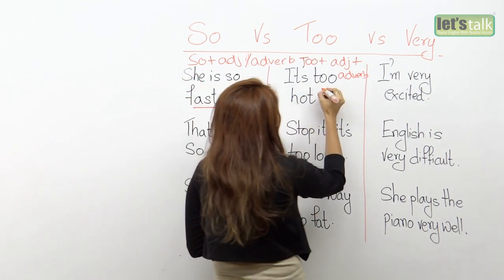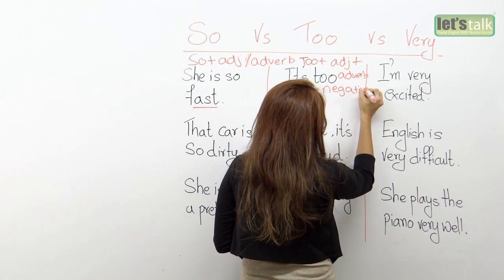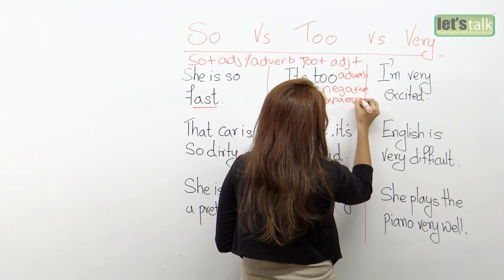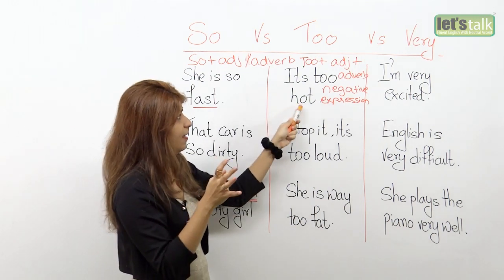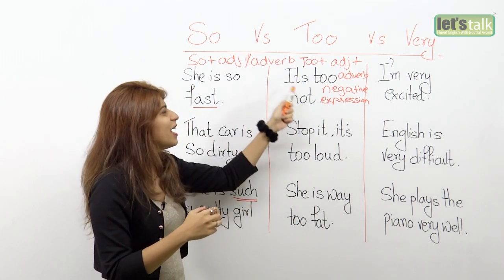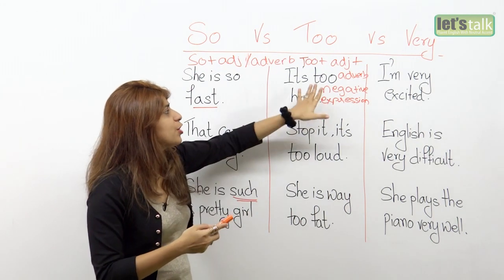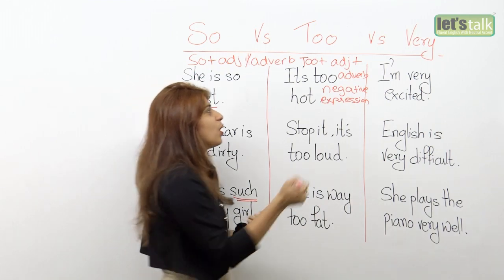So remember, it is a negative expression. Okay, now I'll explain this with an example. It's too hot. So why am I using the word too?